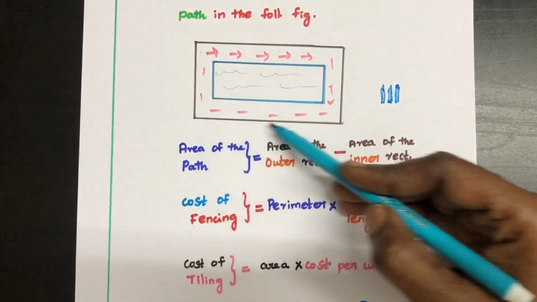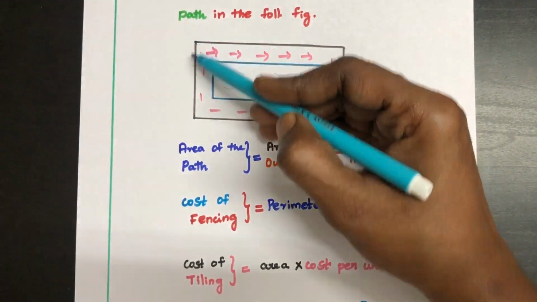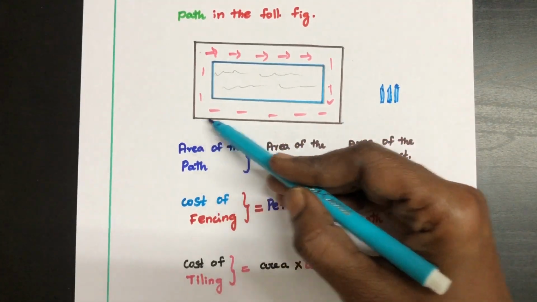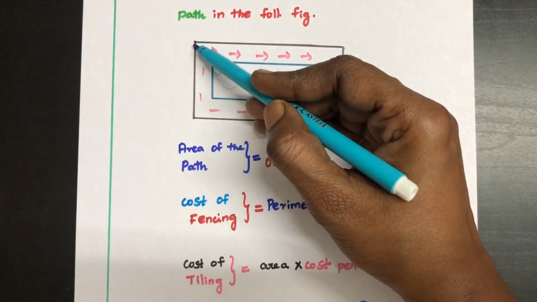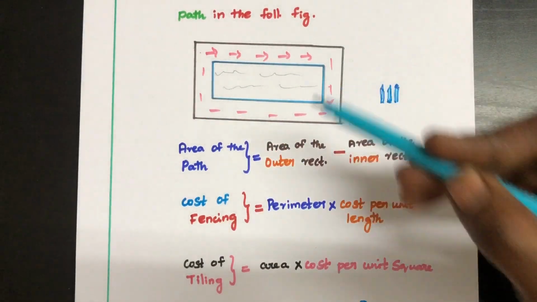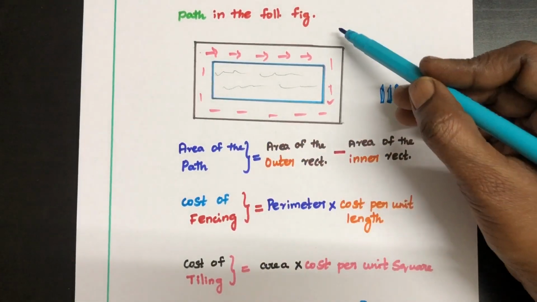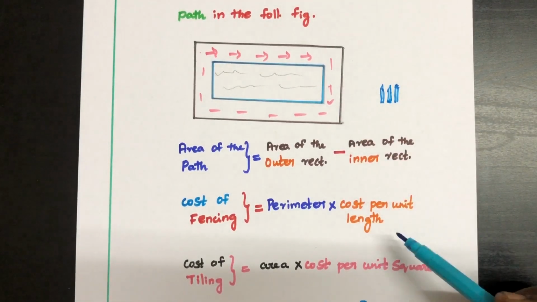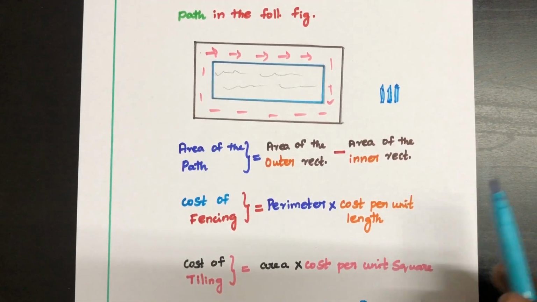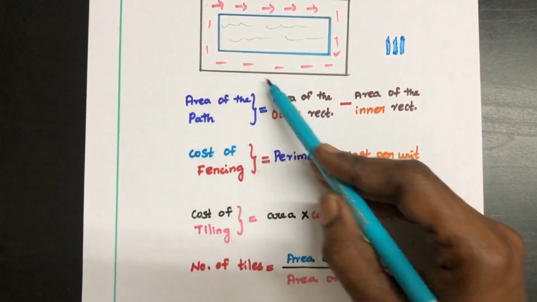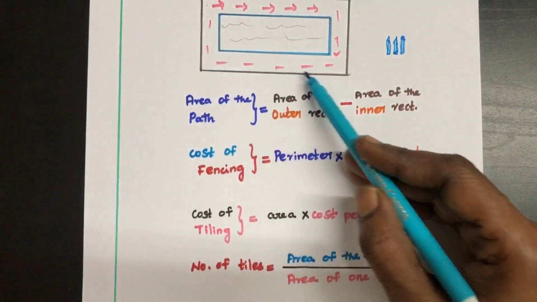Only the outer place we are going to fence, right? If it deals only with the outer length, it is nothing but the perimeter. So if you know the perimeter of the rectangle, just multiply it with the cost per unit length. That's all. Easy, right? This is called cost of fencing because you are going to fence this area alone.